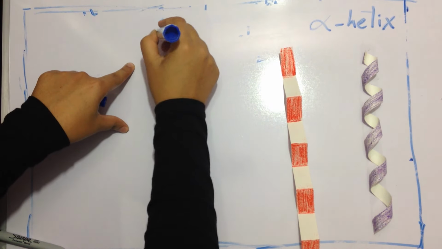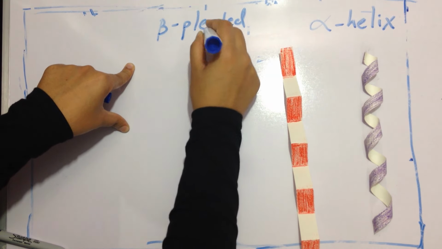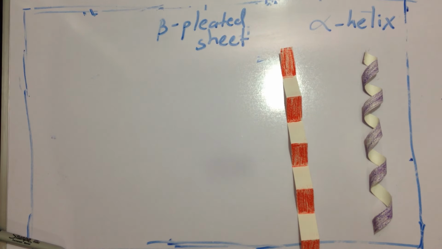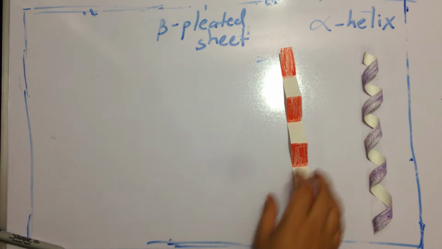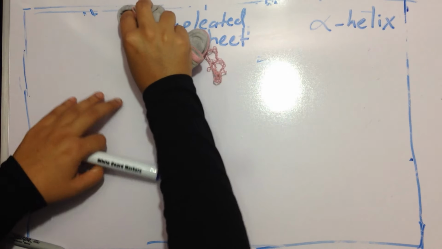A beta pleated sheet. Okay, so this is the secondary structure.